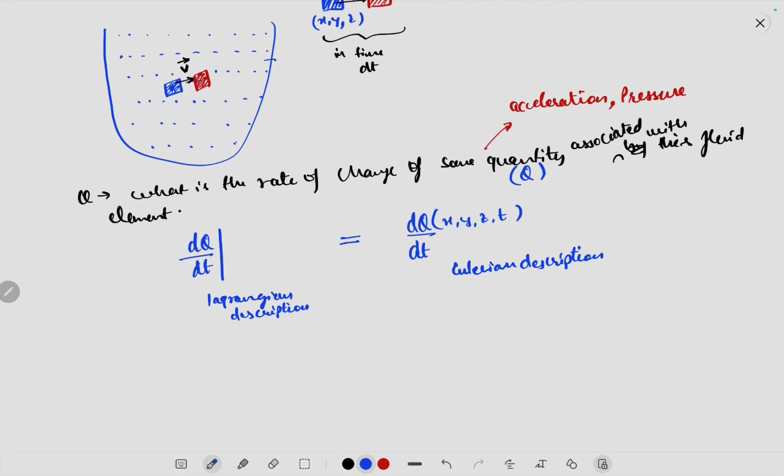Or maybe I can write it like this: it will be equal to dq by dt for the coordinates x, y, z at time t, for fixed coordinate x, y, z at time t, then only these two will be equal.